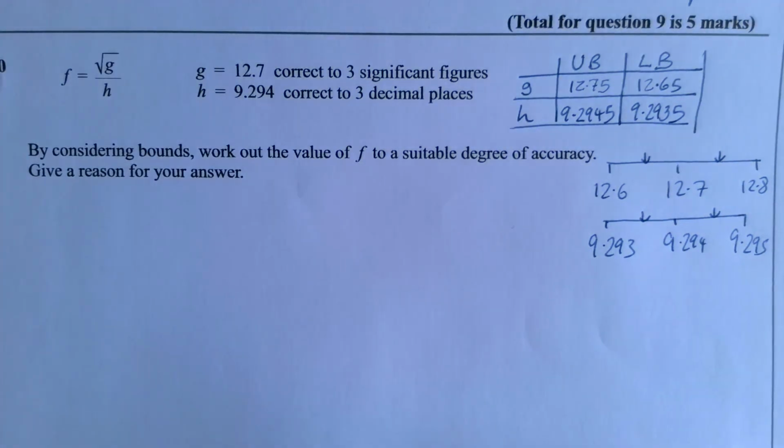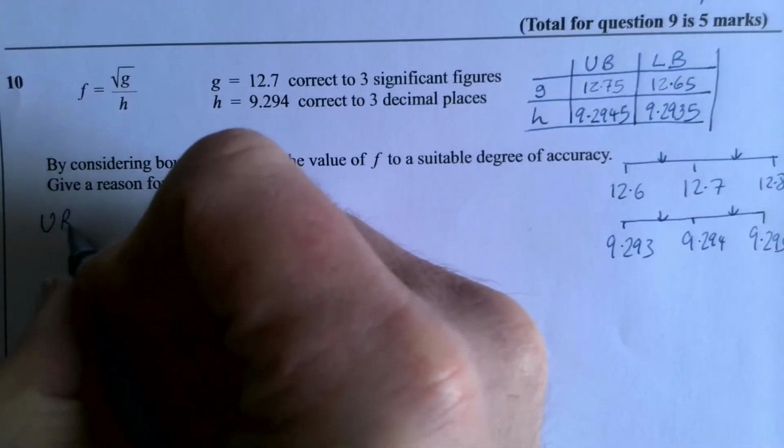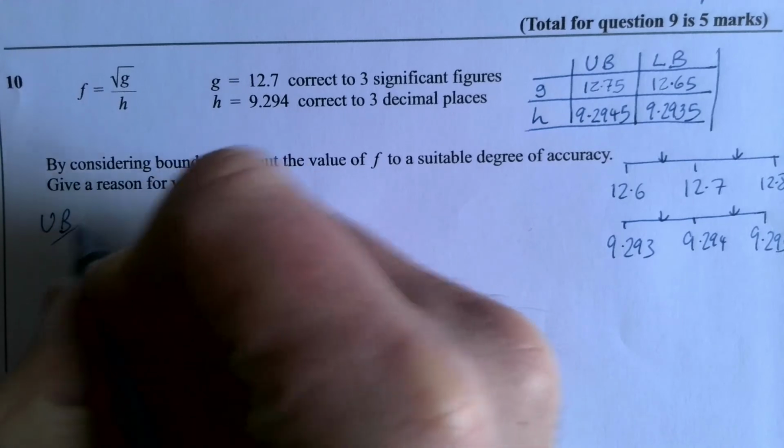Okay, so that's our bounds table filled in. So then we need to do an upper bound version of this.